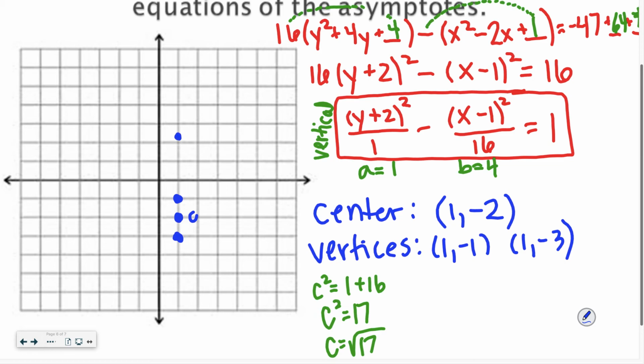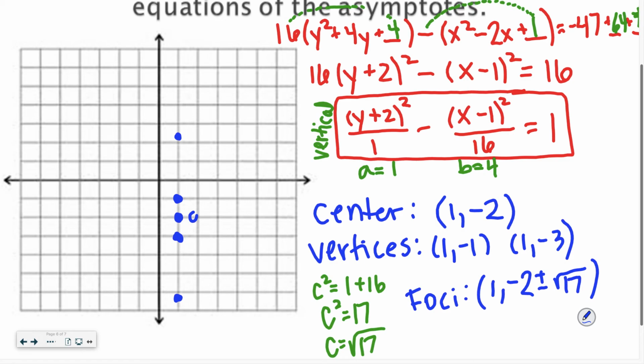Radical 17 away from the center, and we did so in the vertical direction. So our foci would be 1, comma, negative 2 plus or minus radical 17, because vertically, which is affecting the y coordinate, we moved radical 17 in each direction from the center.